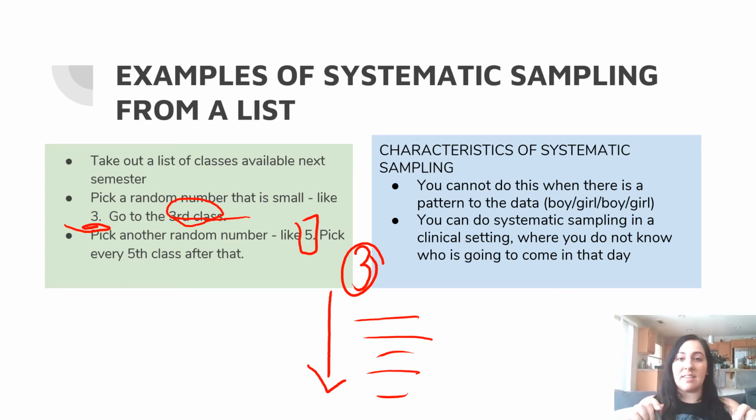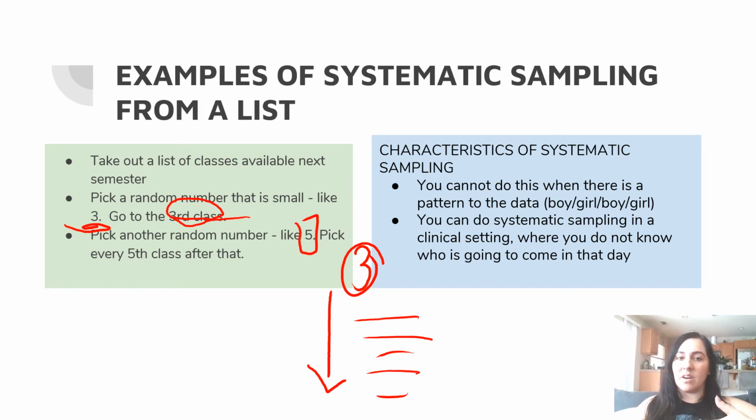Because the methods that we're using to take samples, we're basically using a pattern. So if the population list that you're going through is in a pattern and you're using a pattern on top of that, you might accidentally leave people out.